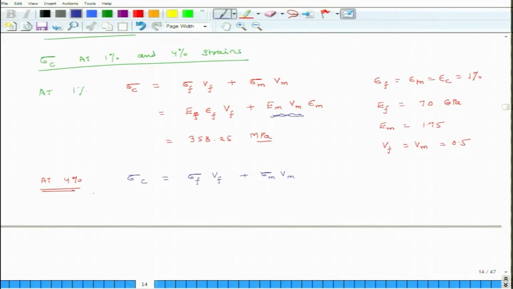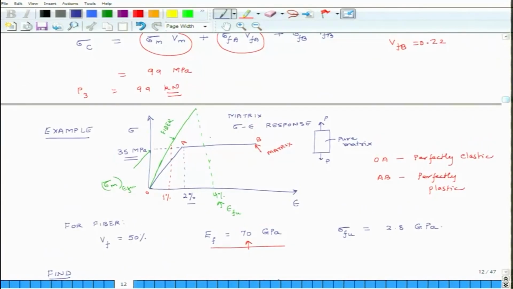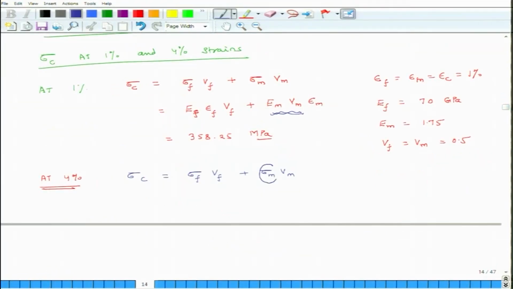Now, when the strain is 4%, the fiber is still behaving linearly, but the matrix is not linear. But at 4%, what is the stress in the matrix? 35 MPa. From this graph we know. So, this value is 35 MPa at 4%, and sigma F is how much?